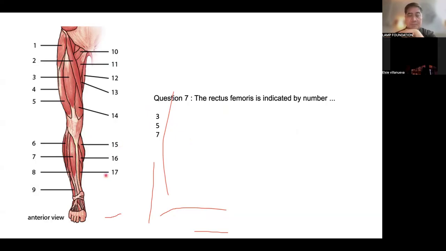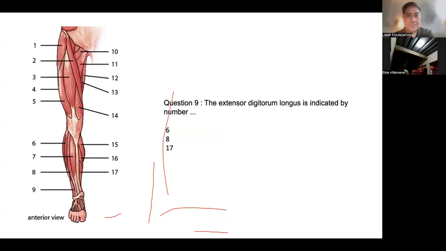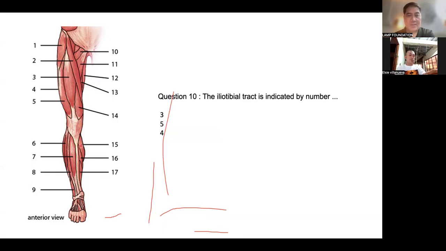Number 3. Yeah, rectus femoris. Number 14 is vastus medialis. Extensor digitorum longus is what number? Number 8. Iliotibial tract is indicated by number 4.